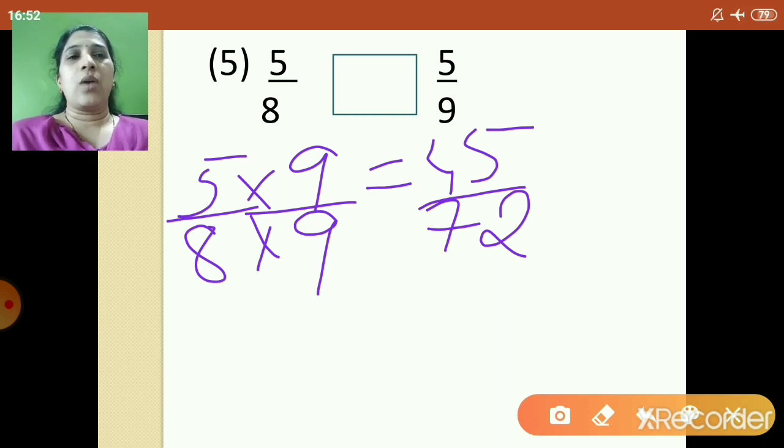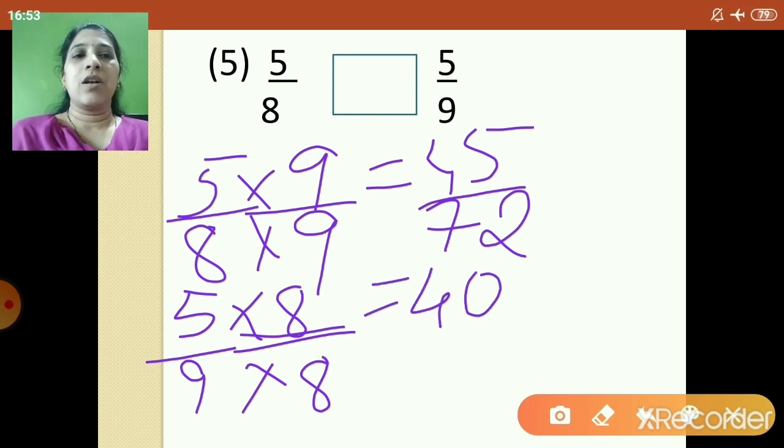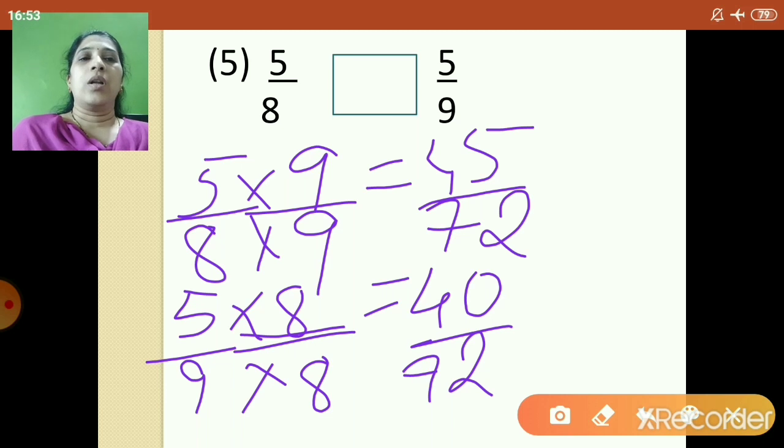Right? Now I will write the other fraction, that is 5 upon 9, and you are going to multiply it by 8. Right? So the denominator also you will multiply by 8. What is 5 8s? 5 8s are 40. And what is 9 8s? 9 8s are 72. So now you got the like fractions 45 upon 72 and 40 upon 72.